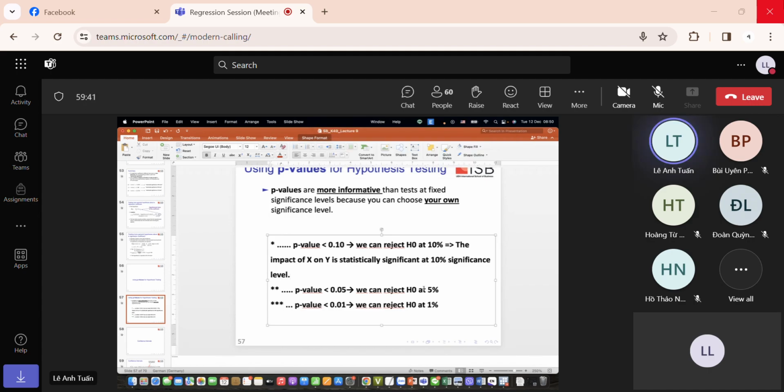It is similar for 5% and for 1%. So any question here?